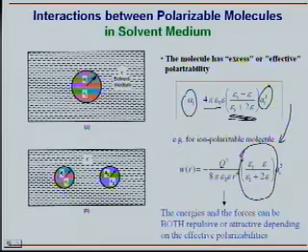If the medium is less polarizable than this molecule, then these two molecules would love to attract each other, or ions or dipoles. However, if the medium is more polarizable than the molecule, the sign in front of the energy is going to invert itself. So we're going to have a repulsive energy between the molecules or the particles.